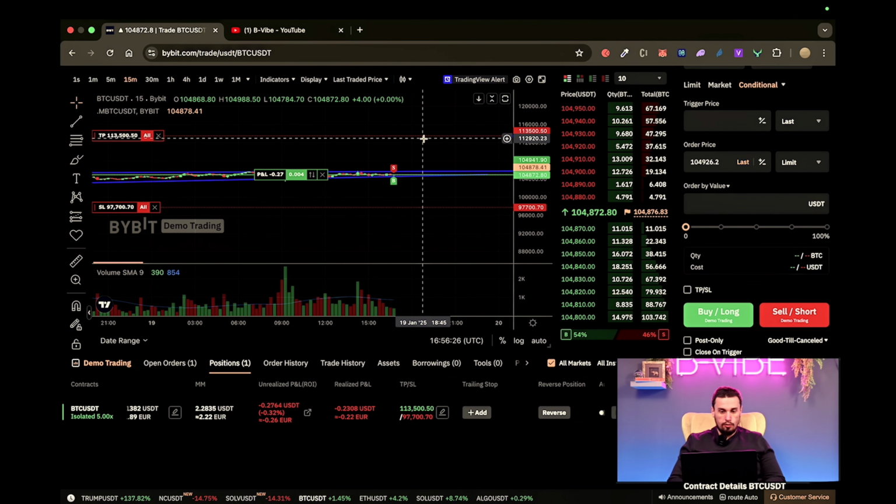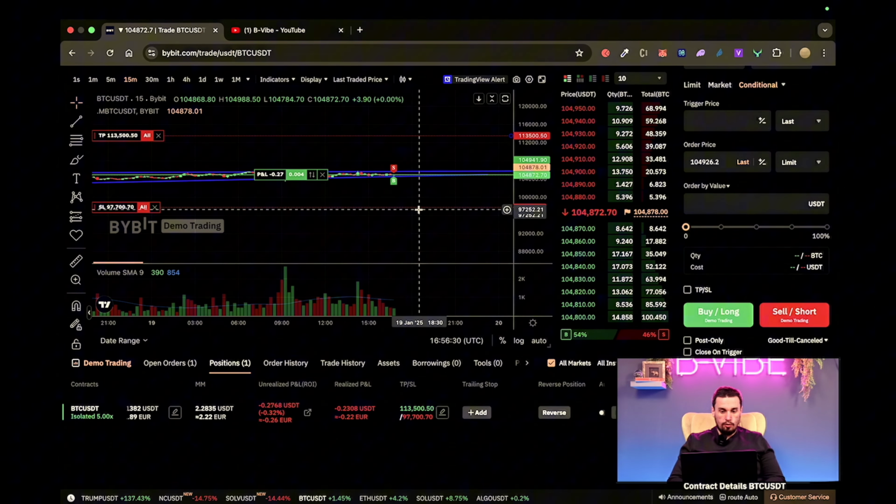If the price goes to here, then you will be exiting with a profit. If the price goes to here, you will be exiting your trade with a loss. And pretty much that is it. So guys, you see how you can use this platform. You have seen how I created a long and a short trade. You have seen how I can set up the take profit and stop loss.